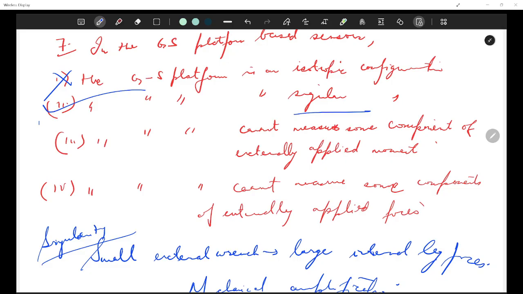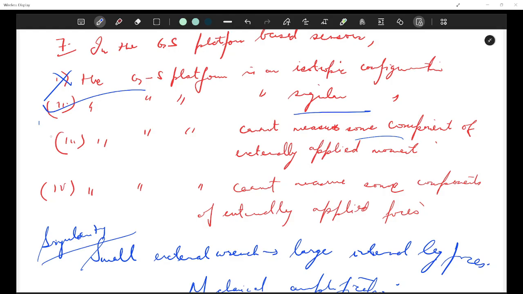The third option is the platform cannot measure some component of externally applied moment. If it were exactly singular, yes, some directions would be completely unmeasurable. But in practice, it is near singular, not completely singular. So all components can still be measured, just sensitivity varies.